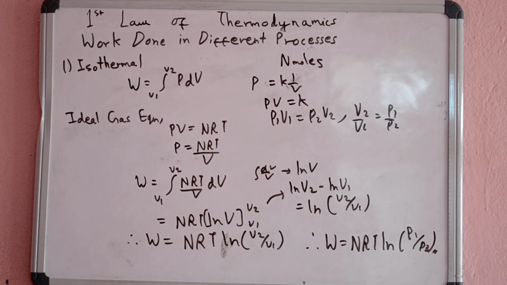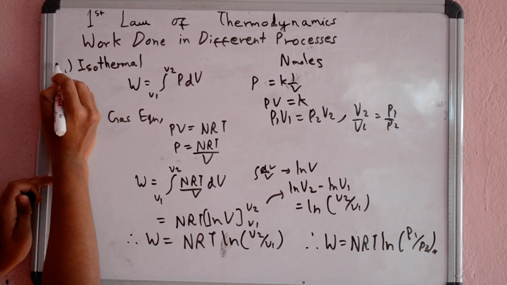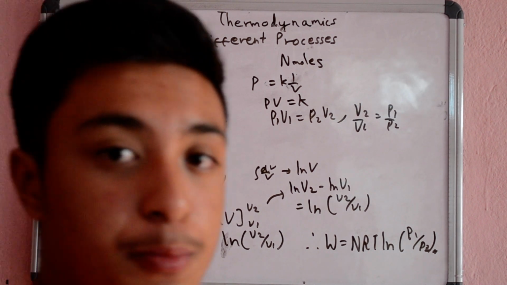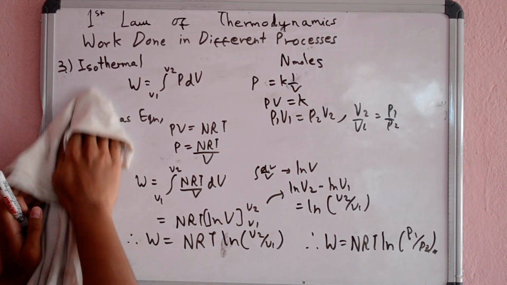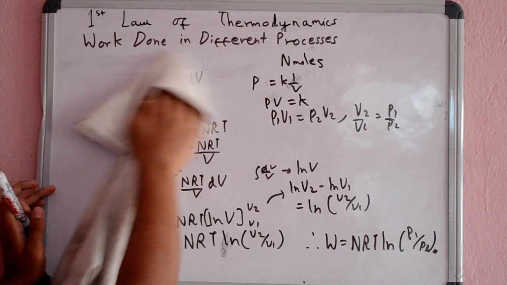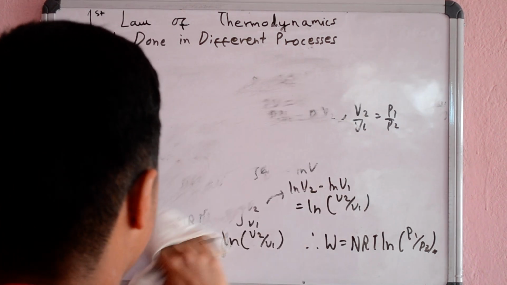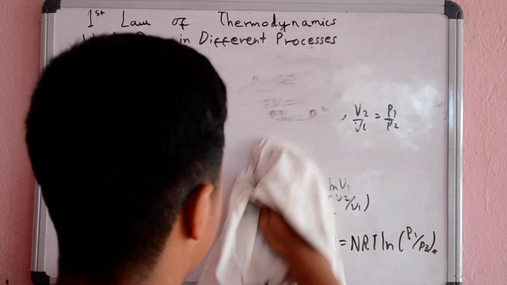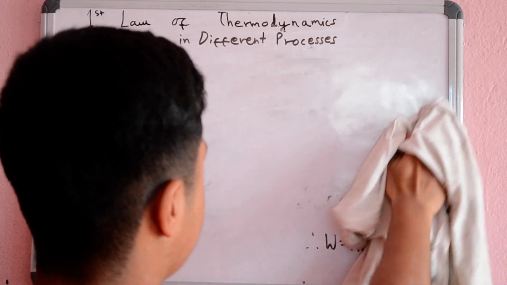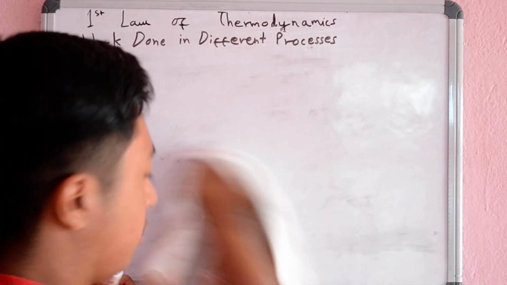Now this should be the third process. Now for the fourth process, we have the adiabatic process. In the last video, I did the adiabatic equation for the adiabatic process, which is called the adiabatic gas equation, or simply the adiabatic equation.